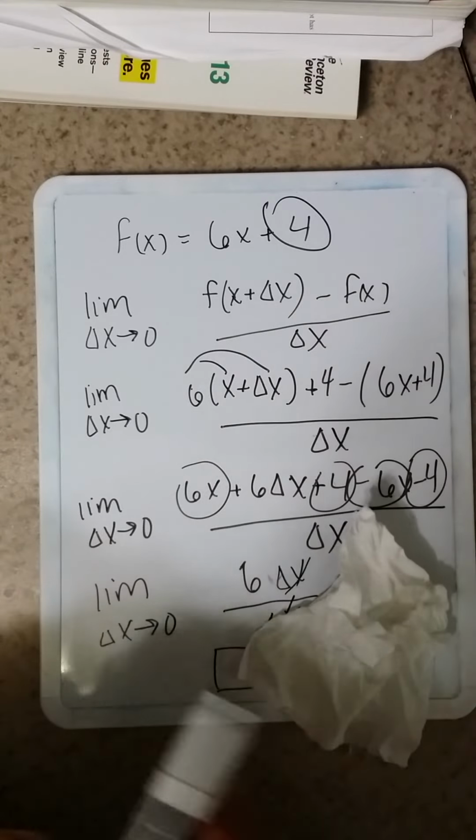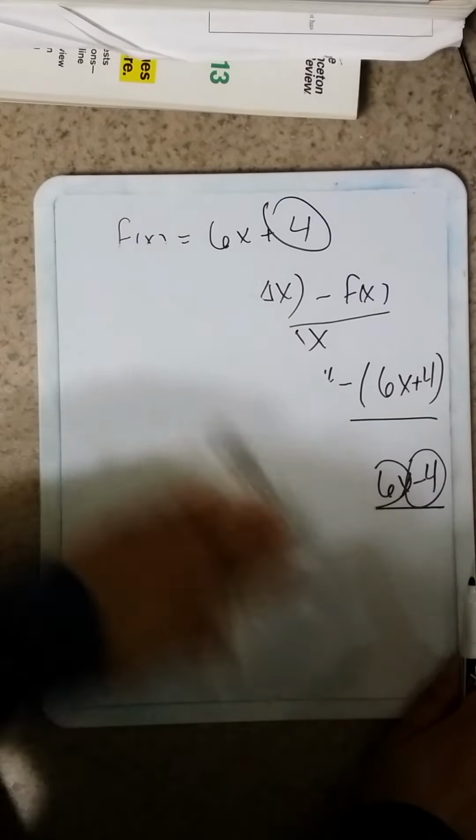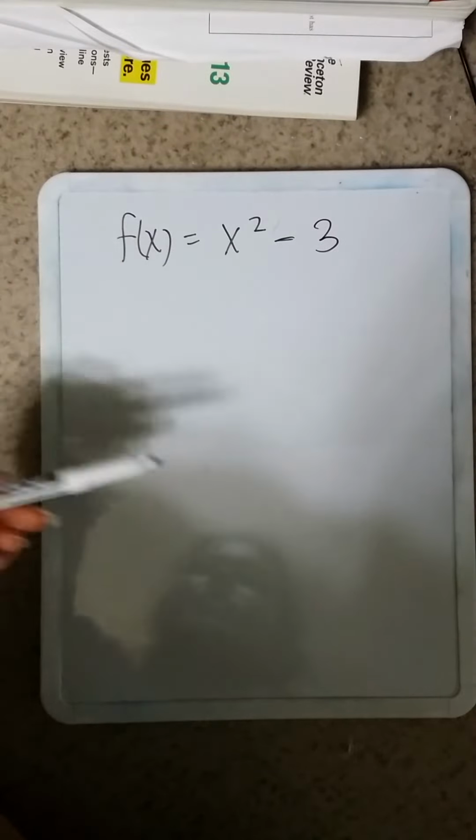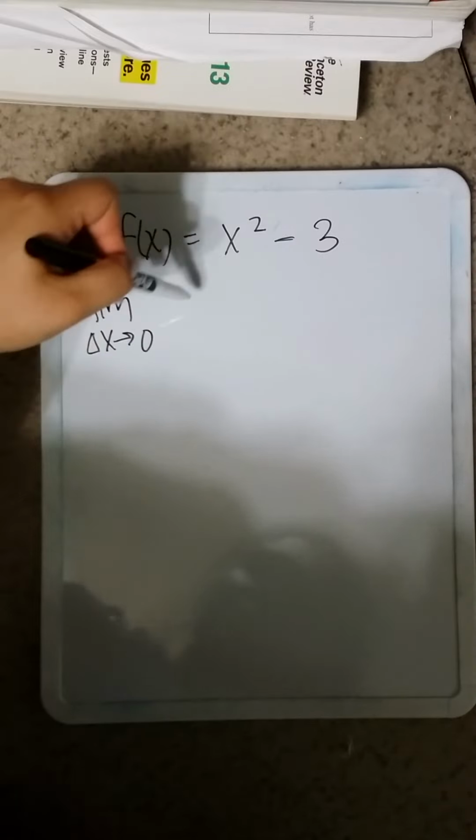But now let's try something a little more difficult. Let's do f of x equals x squared minus 3. Obviously, don't forget to write your definition: limit as change of x approaches 0 of f of x plus change of x minus f of x all over change of x. Sorry, I know this is getting repetitive.